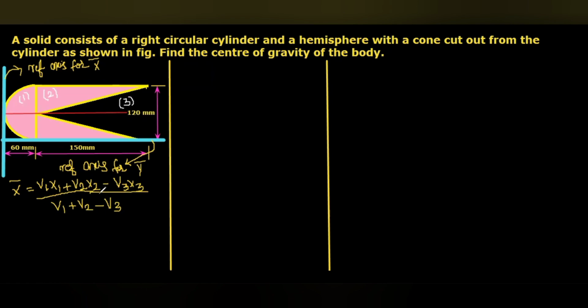This formula is derived in a separate video, that is, center of gravity by moment method. And the formulas for volume and x, y values of the hemisphere, cylinder and cone are all discussed in a separate video, an overview of center of gravity.